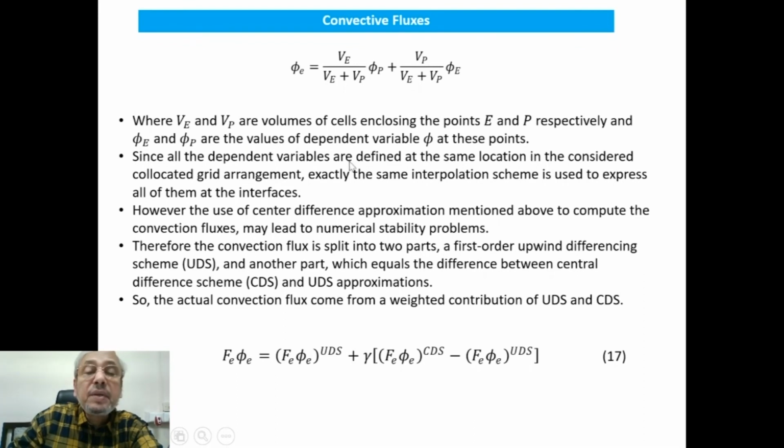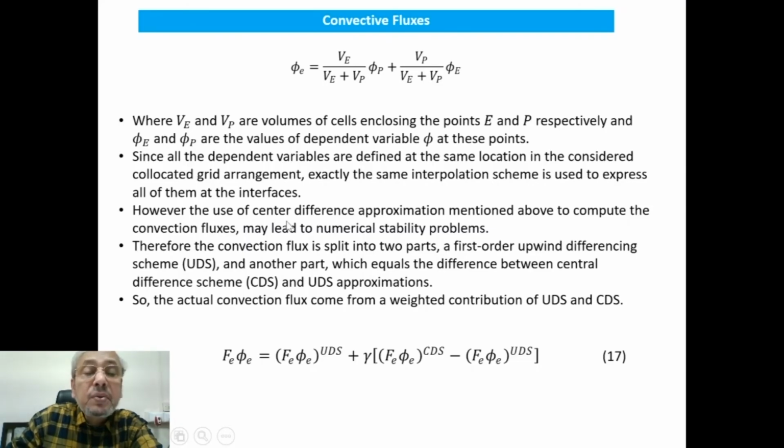Since all the dependent variables are defined at the same location in the collocated grid arrangement, exactly the same expression or interpolation scheme will be used for all other dependent variables. That means u velocity, v velocity, w velocity, P, all the quantities can be interpolated following this philosophy.